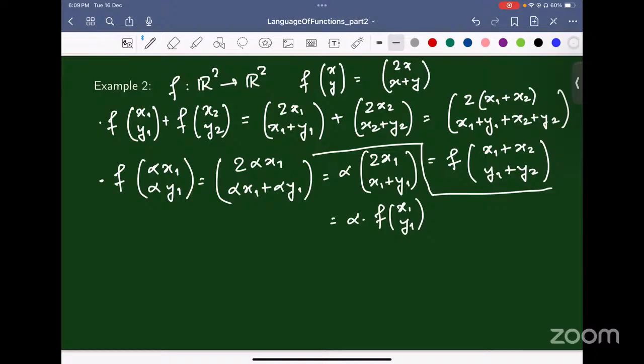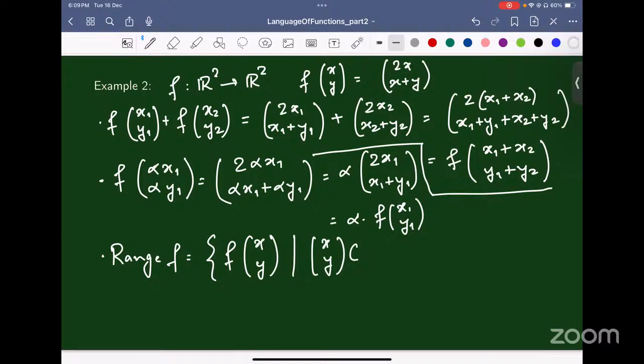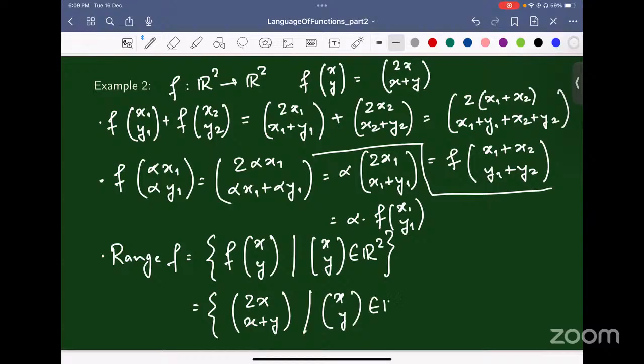Now let's talk about the range of f. The range of f is the set of all vectors f of (x, y), where (x, y) are vectors in R2. This is the definition of the range. That means this is the set of all vectors that can be written in the form (2x, x plus y), where (x, y) is in R2.